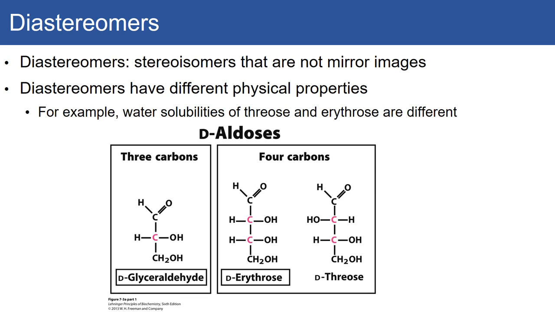The important part here is that you note that there are multiple chiral centers in these molecules. These are very common in nature, and you'll encounter these in later chapters. But note that even though they have the same formula, they are very different molecules. Again, diastereomers are stereoisomers that are not mirror images.